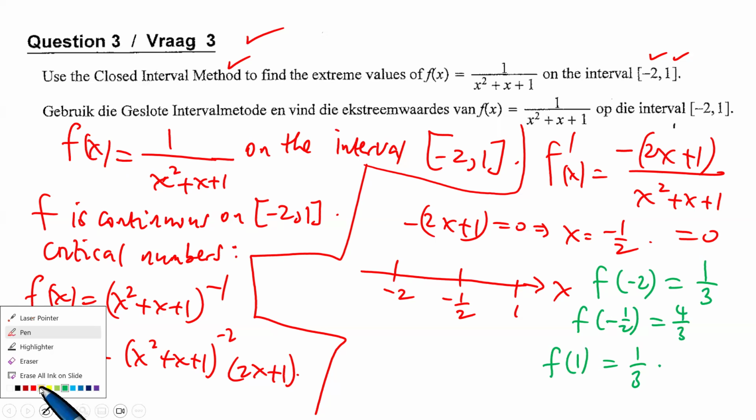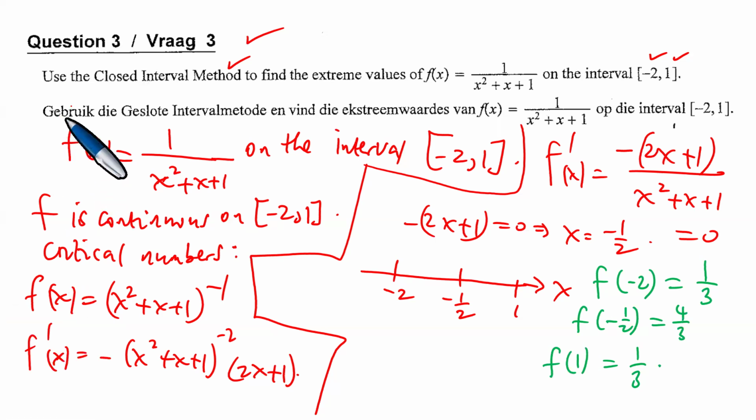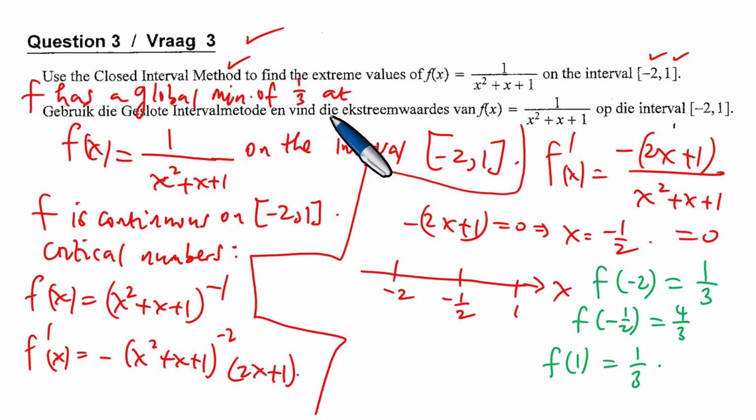If you have these particular values, you are able to make the observation. The observation is therefore that f has a global minimum. So you then say f has a global minimum of 1/3, because now you look at the values.